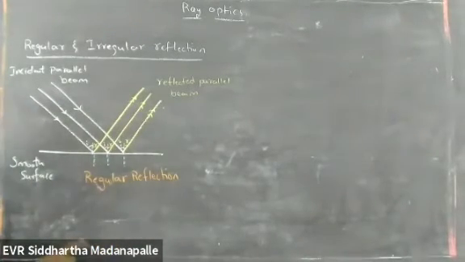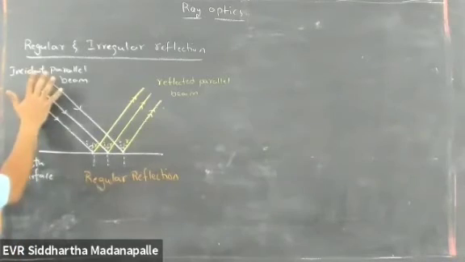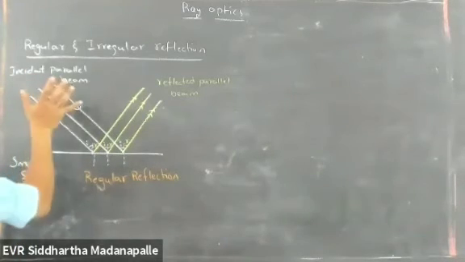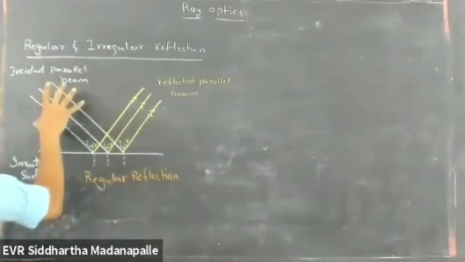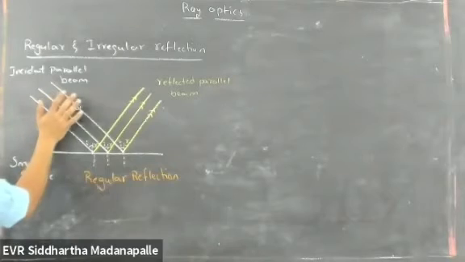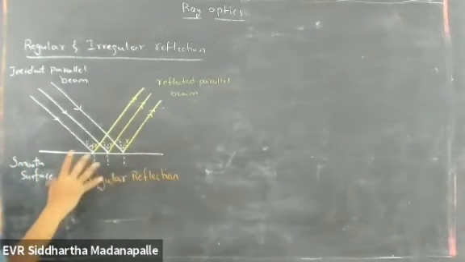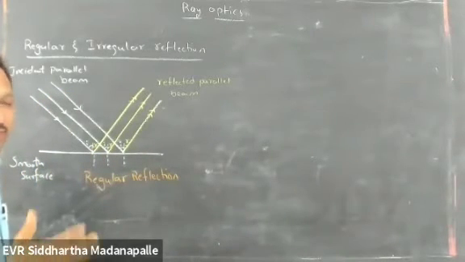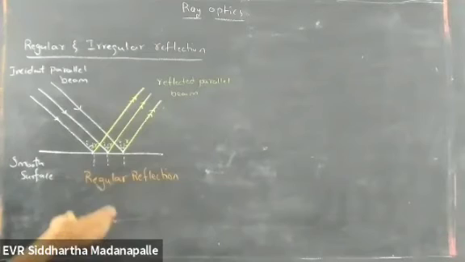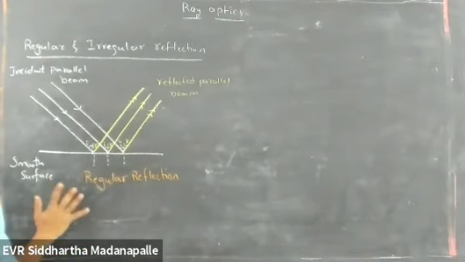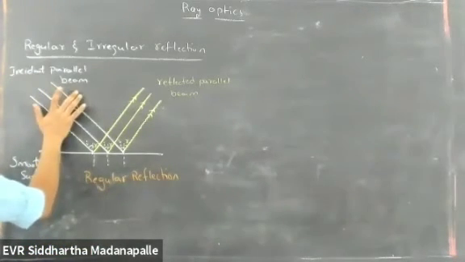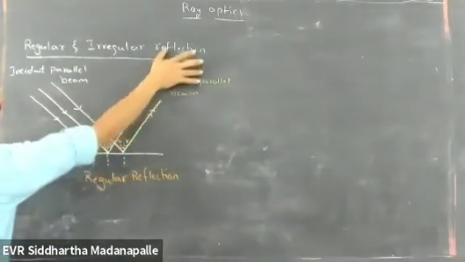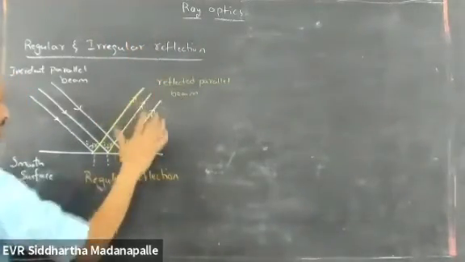Now, what are the important points in regular reflection? Suppose the incident parallel beam has 100% energy. Of that 100%, this smooth surface will absorb some amount of energy, for example 1 or 0.1%. The remaining energy will travel in a particular direction.